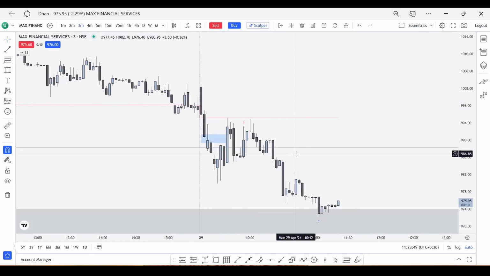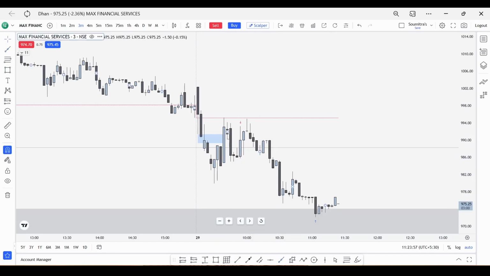And we see here, we had a bullish fair value gap, this one. This was a bullish fair value gap, then it is immediately overtaken or violated by this bearish fair value gap.